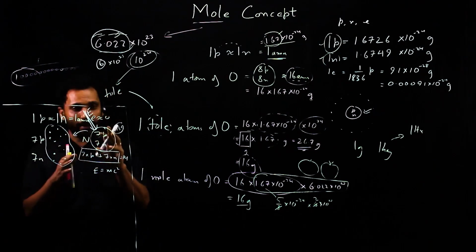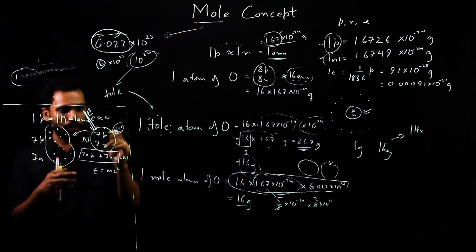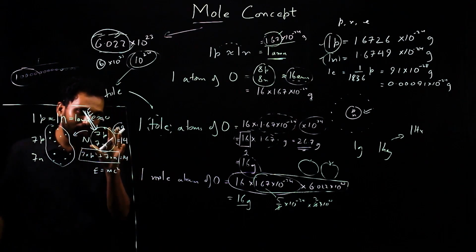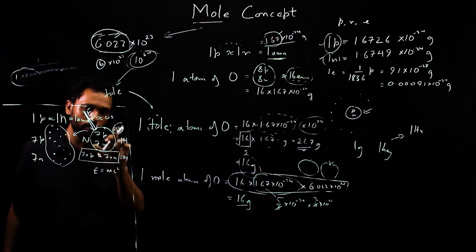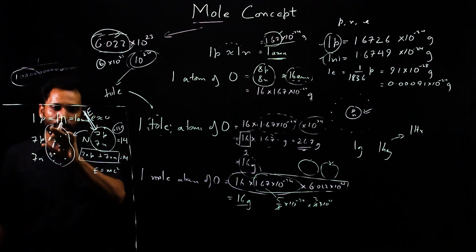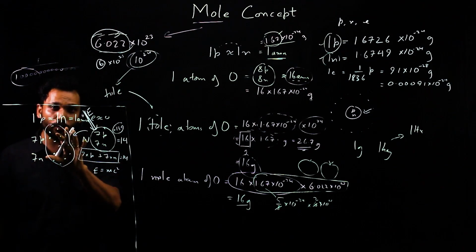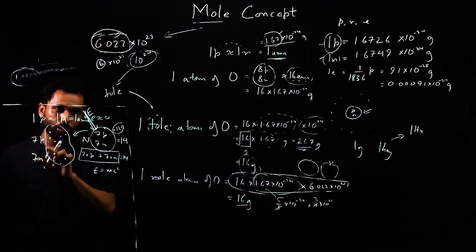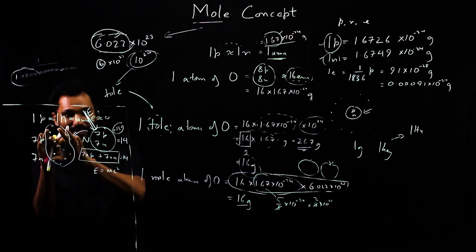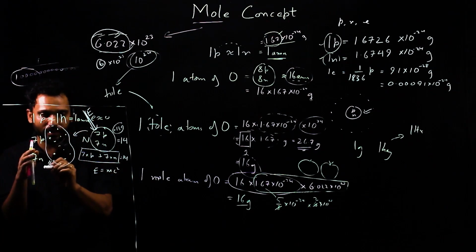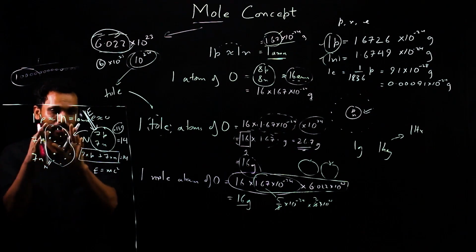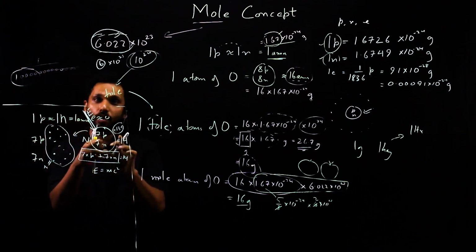So if I define the weight of this as 14, if this is defined as exact 14, listen very carefully, this nitrogen weight is defined exactly as 14, then these pieces would weigh more than 14. That means each of those protons and neutrons are more than 1. And if we define this as exact 14, if all of them are exact 1, suppose neutrons and protons are the same, exact 1, then this will be less than 14.